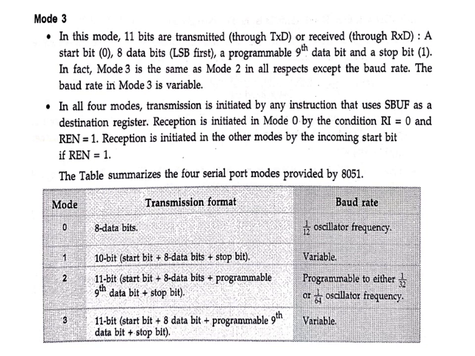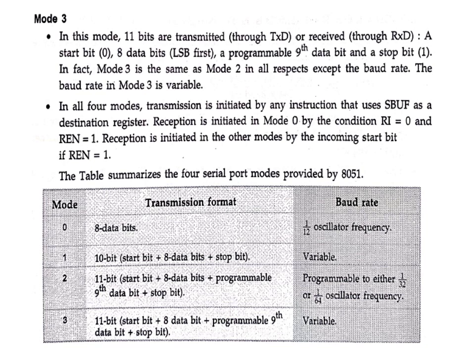And if you consider the next mode, that is mode 2. Mode 2 is selected by setting SM0 and SM1 of SCON, that is serial control register, with values 1 and 0. And the transmission format, if you see, is 11 bits.